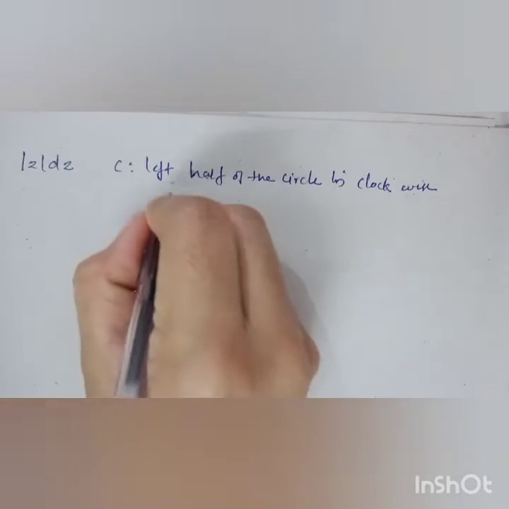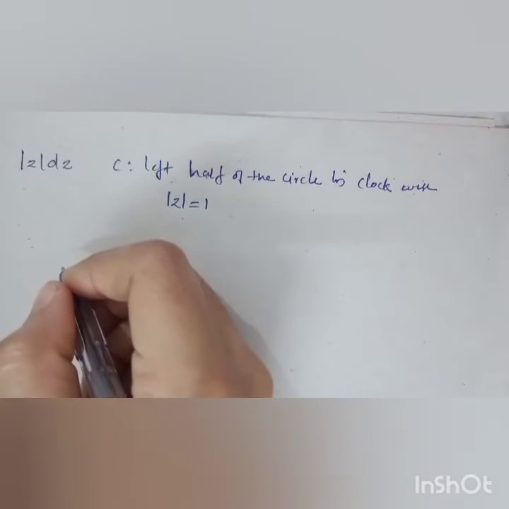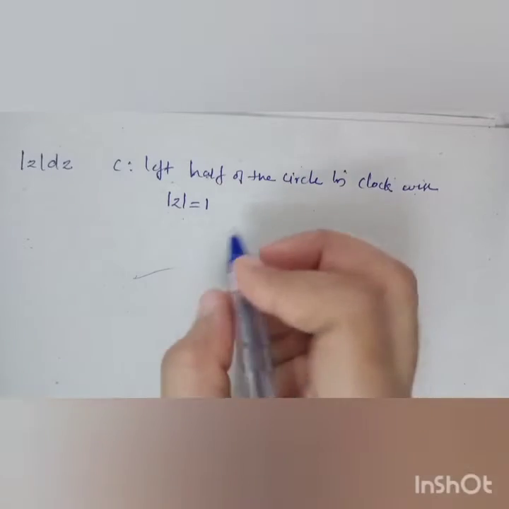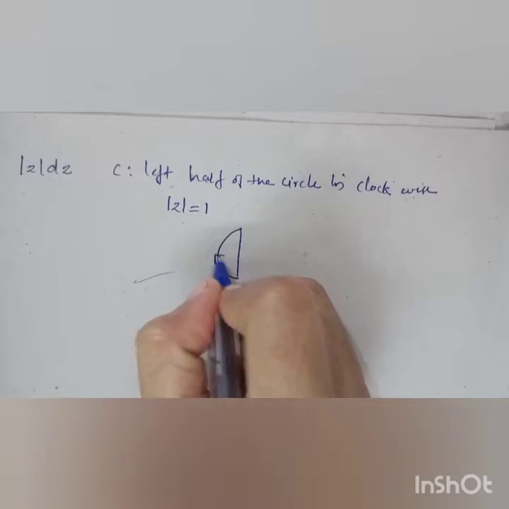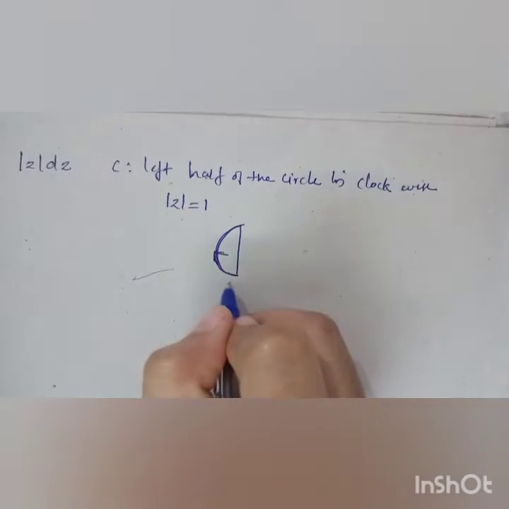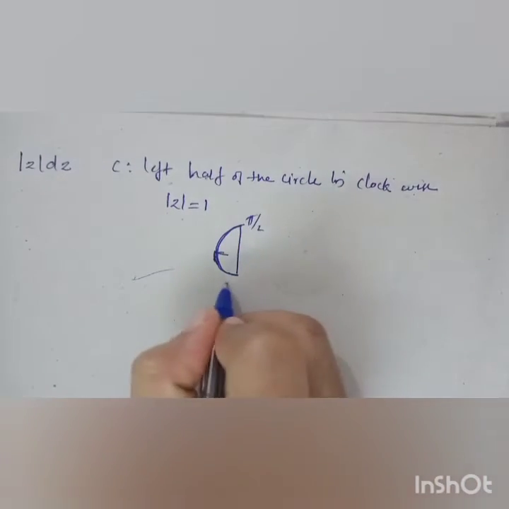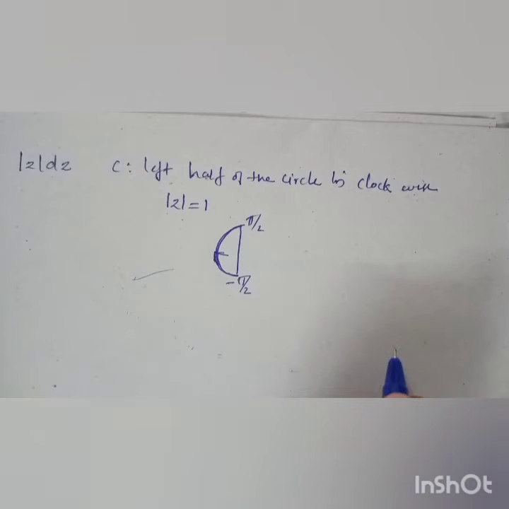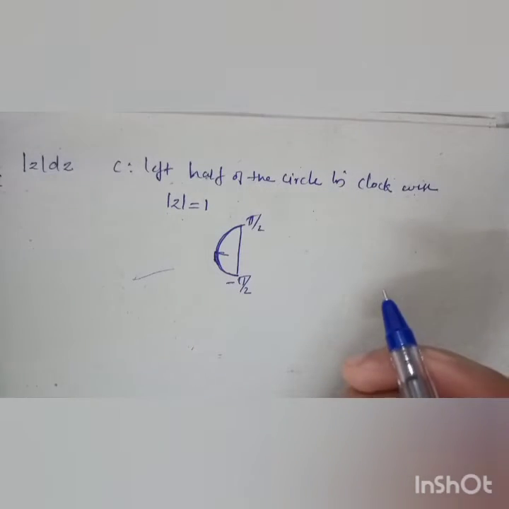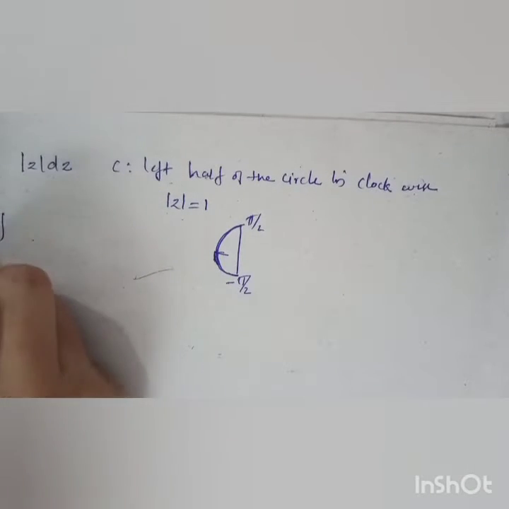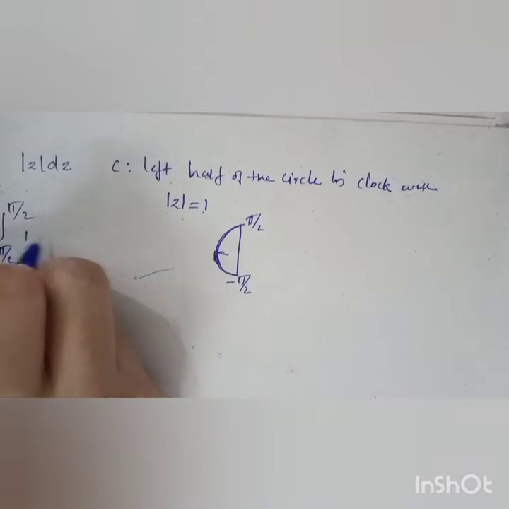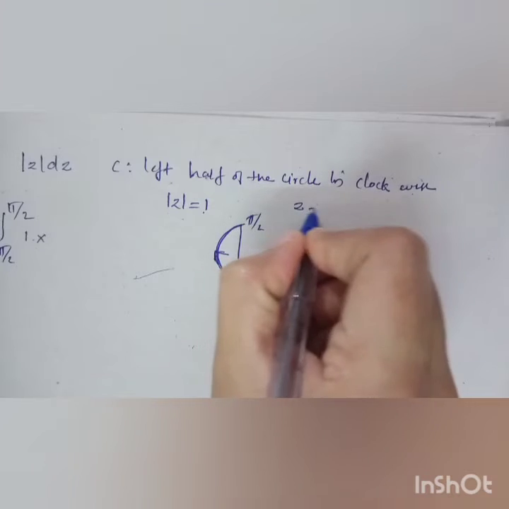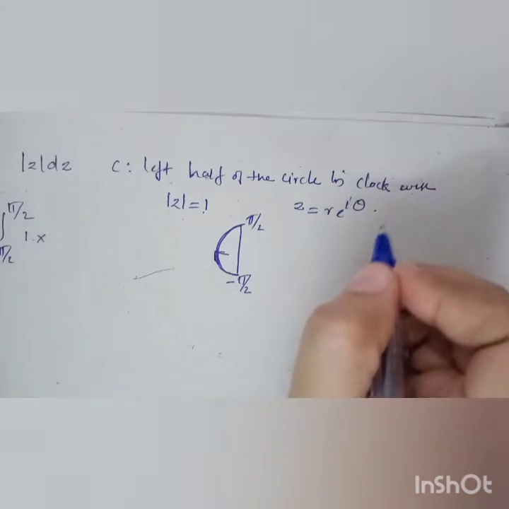So mod z is equal to 1 is given, and left half means this. Clockwise is there. So this is pi by 2, this is minus pi by 2. So this is from minus pi by 2 to pi by 2. Mod z is 1 now. So r is 1, z is equal to r e raised to I theta.